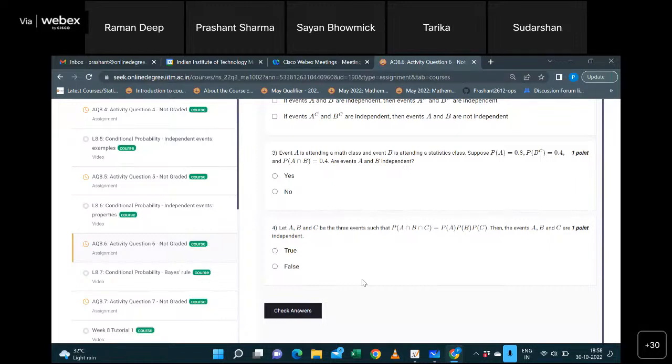What will be the probability of B? The probability of B complement is given, so 1 minus B complement, 0.6 will be the probability of B. So 0.8 times 0.6 is 0.48, which is not equal to 0.4. And what about question number 4? Is it independent or not?